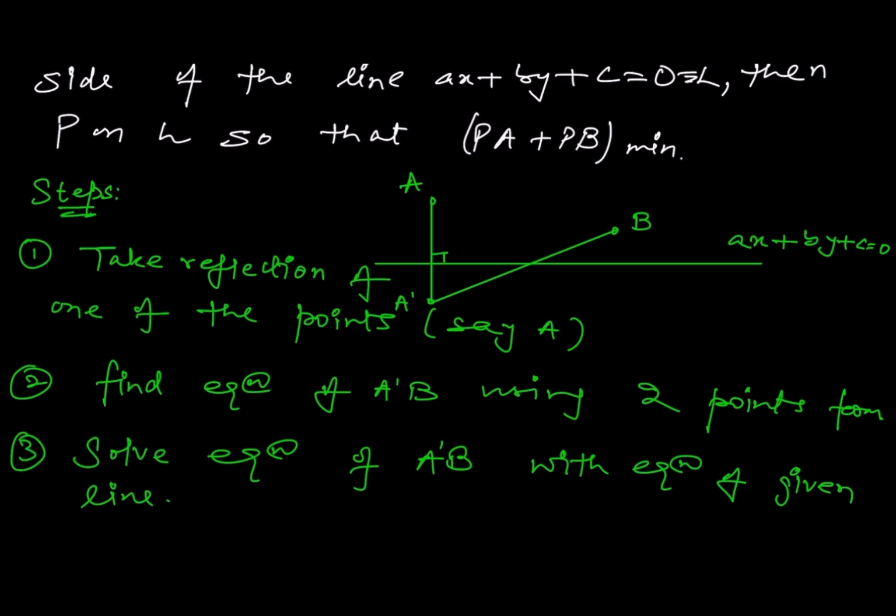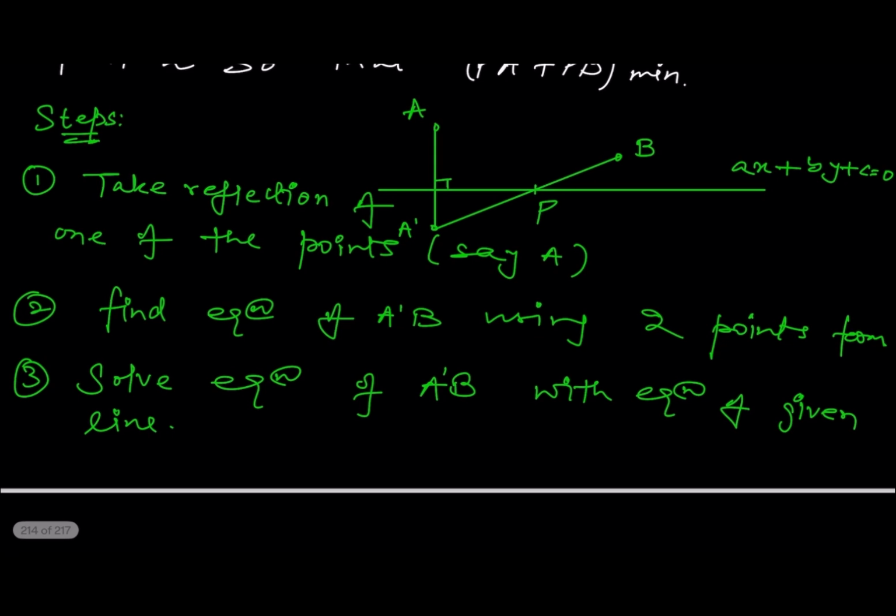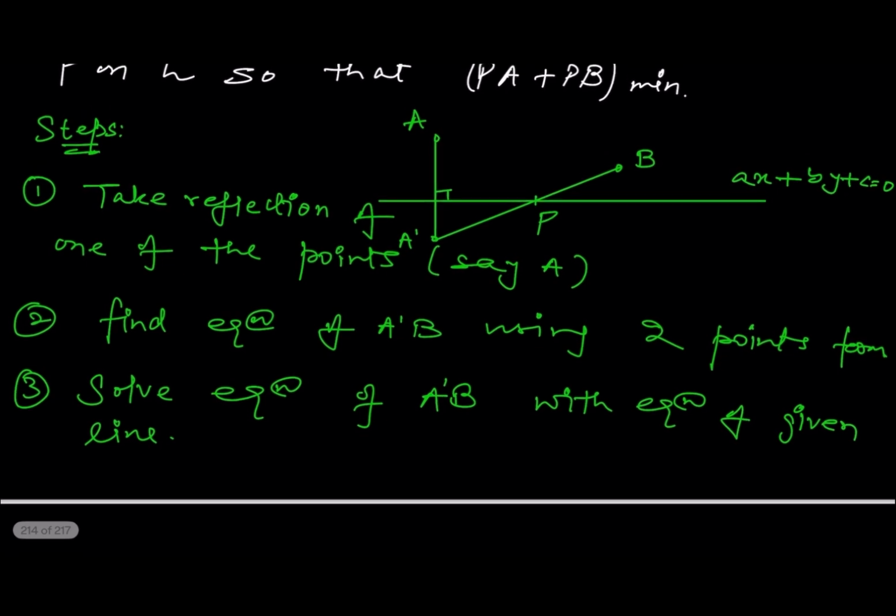Now, if we solve equation of A dash B with the given line, we can have point of intersection, say P, right? Now this P is the required point.